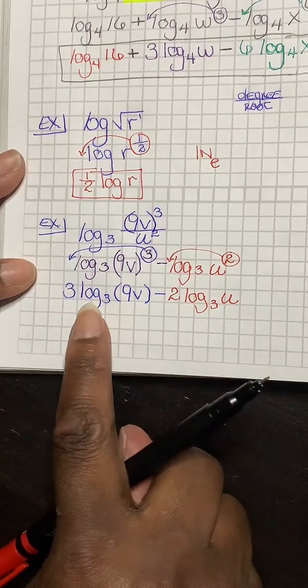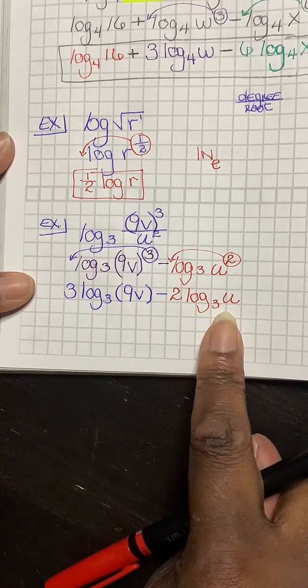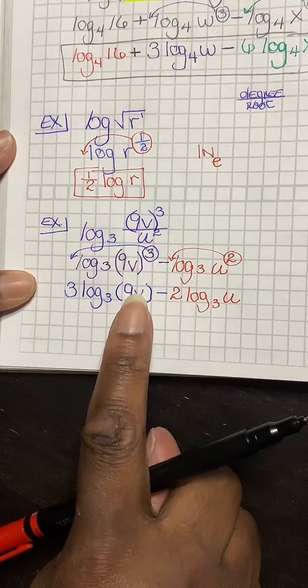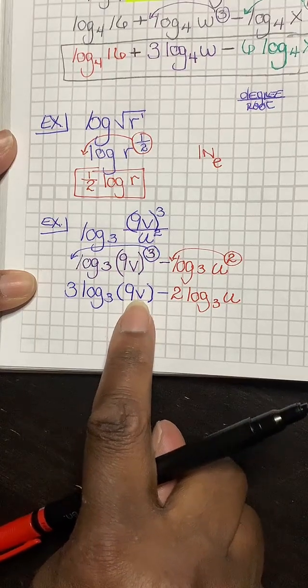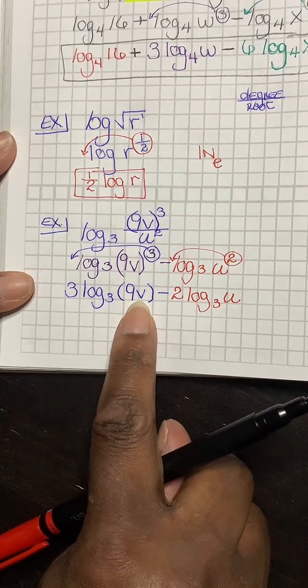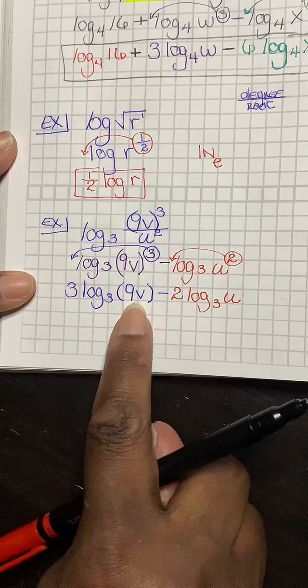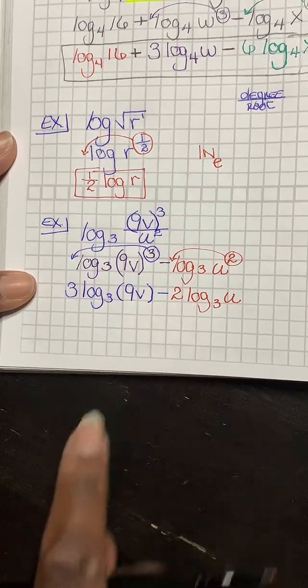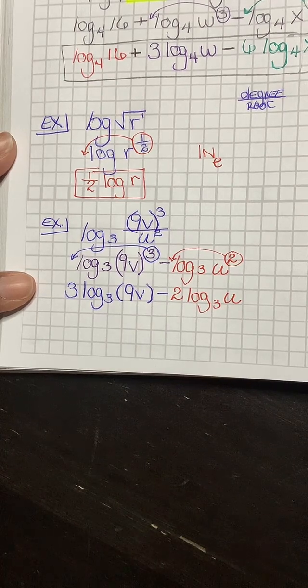But this is where some of you guys stopped. Take a look in here. We still have 9v. 9v means 9 times v. So we can break that down. When we're multiplying, we're actually going to add, just like with exponents.